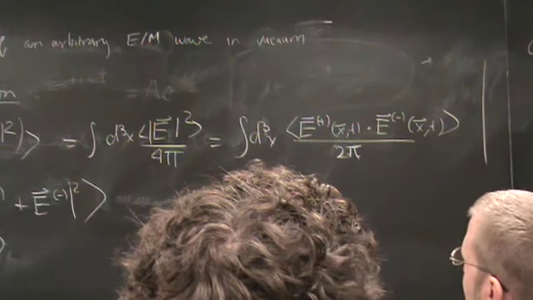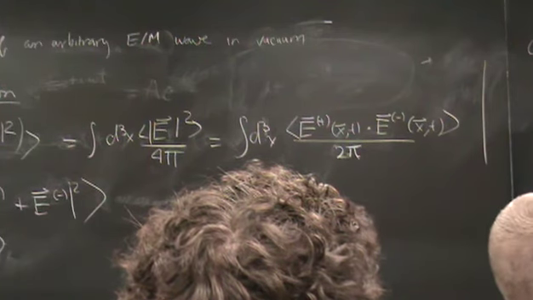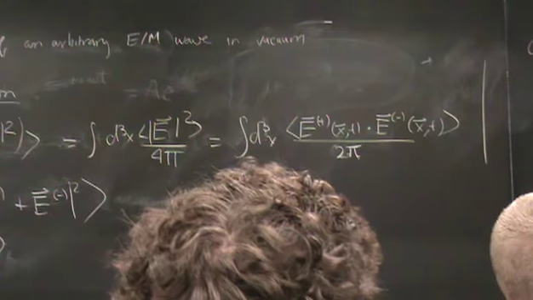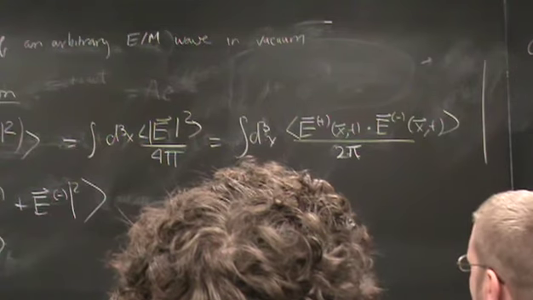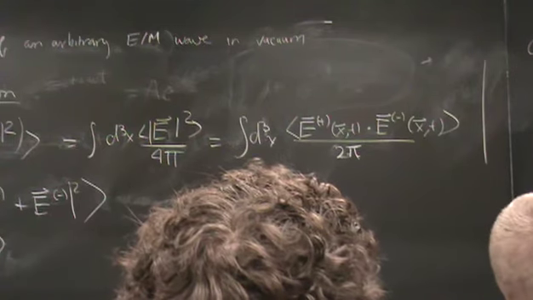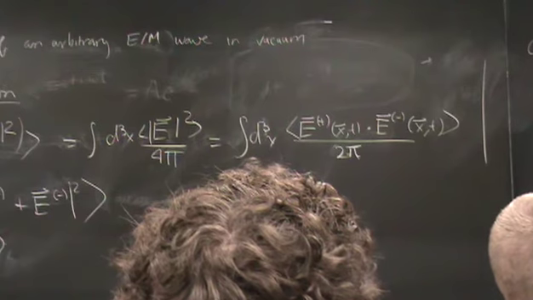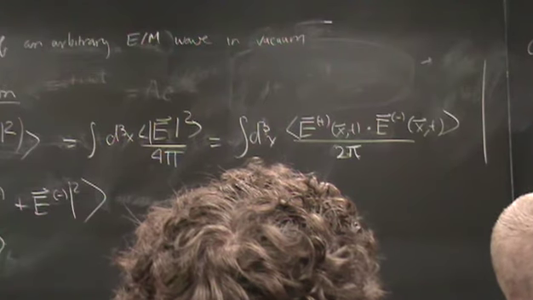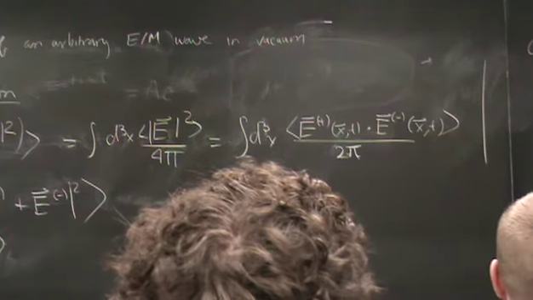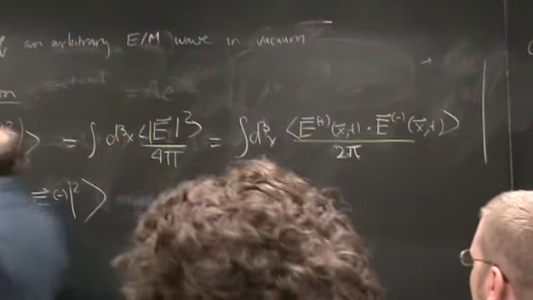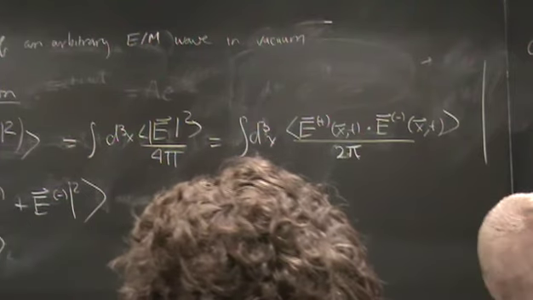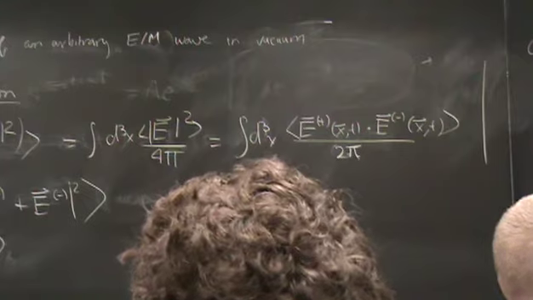One is the complex conjugate of the other. E plus is the complex conjugate of E minus. Yeah, so that would probably simplify things. Okay. All I'm saying is right, because the sum is real. This sum is real. And this is real.